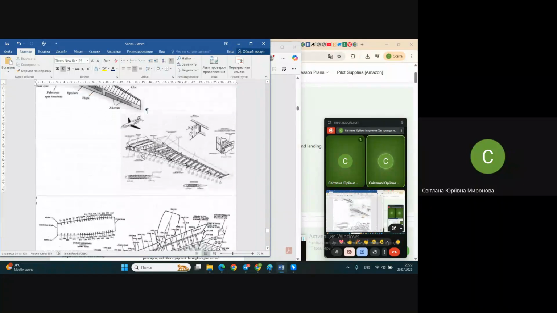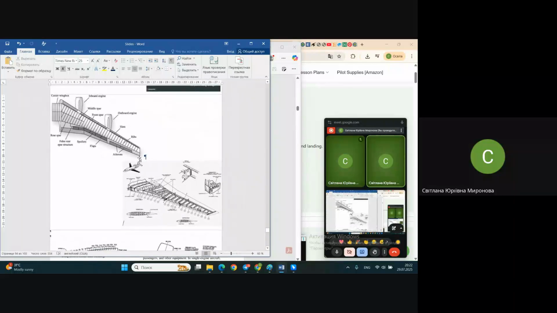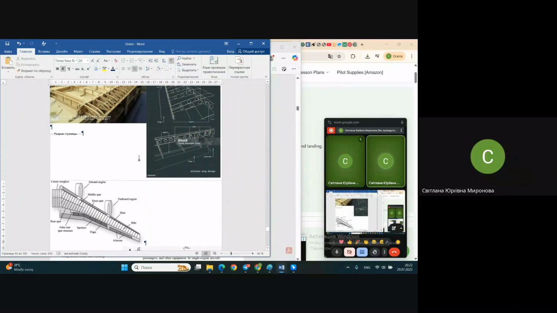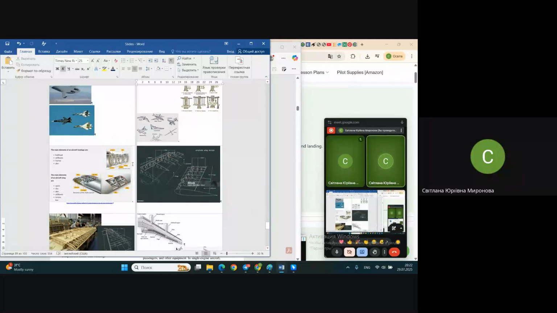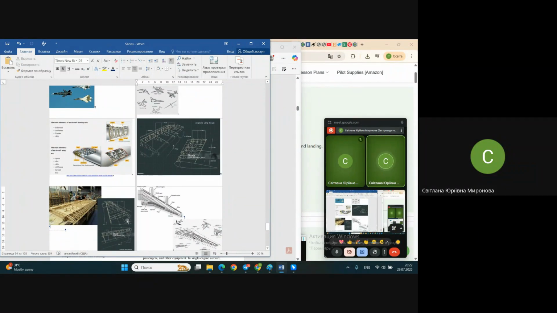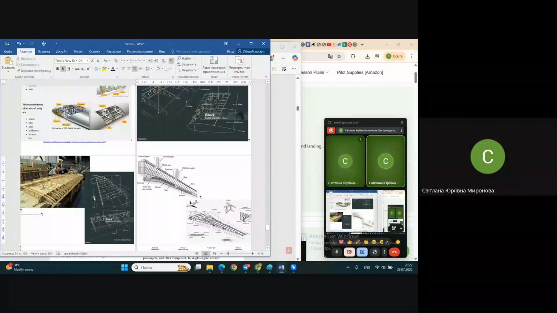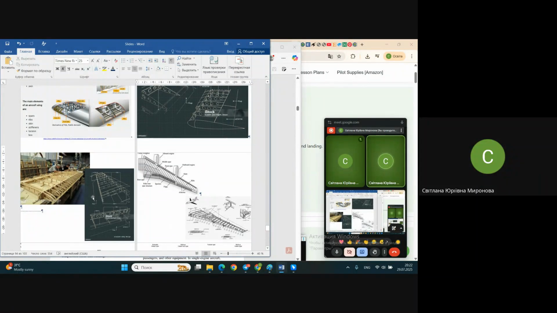And in all those pictures, we might notice that they have longitudinal elements, and they have transversal elements, which give shape to the airplane, either wing or fuselage.